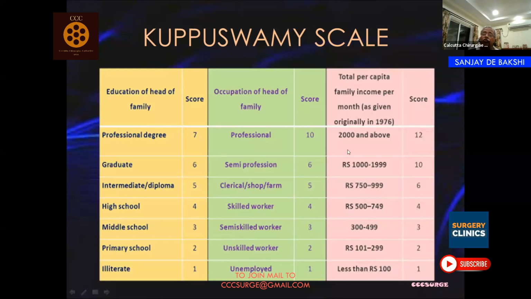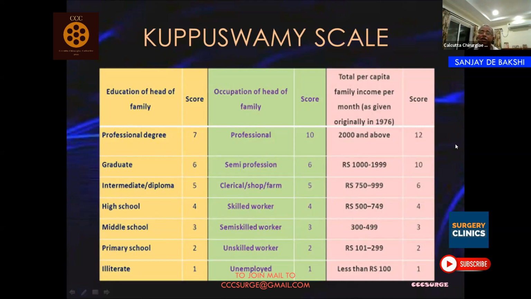Now this was the problem. In 1976, if you were earning 2,000 per capita family income, if you were earning 2,000 and above, you scored a 12. When we became doctors and had a rich salary, we were very ecstatic, because we were going to earn a huge amount, a king's ransom.